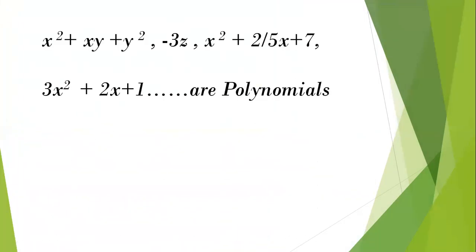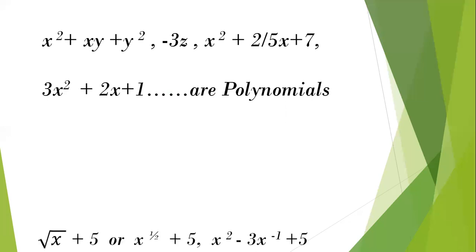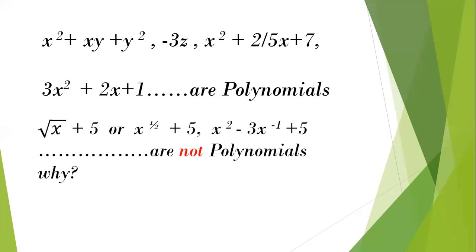Okay, go for the next one. I will give some examples here also. x square plus xy plus y square, minus 3z, x square plus 2 by 5x plus 7, next, 3x square plus 2x plus 1 are polynomials. Coming to this one, root x plus 5 or x power 1 by 2 plus 5. Just take out this root sign.